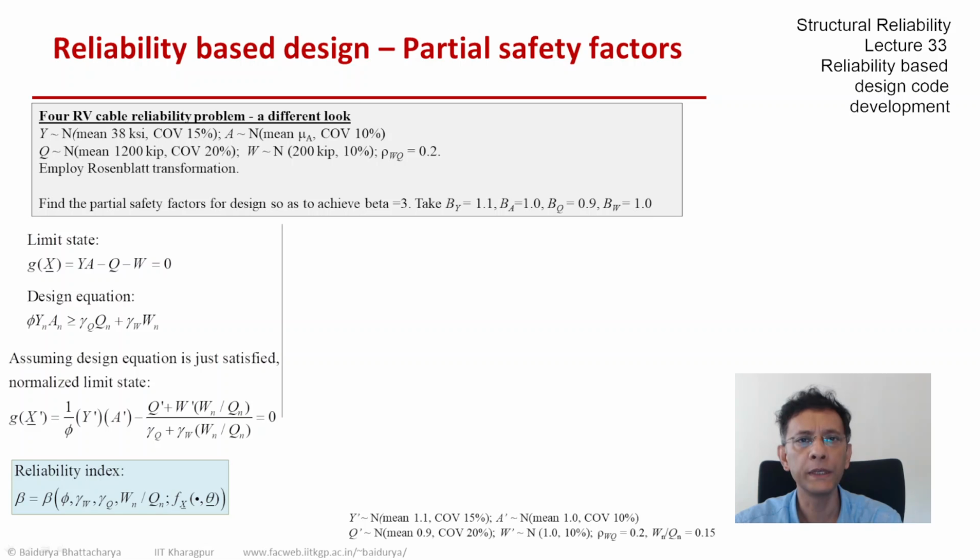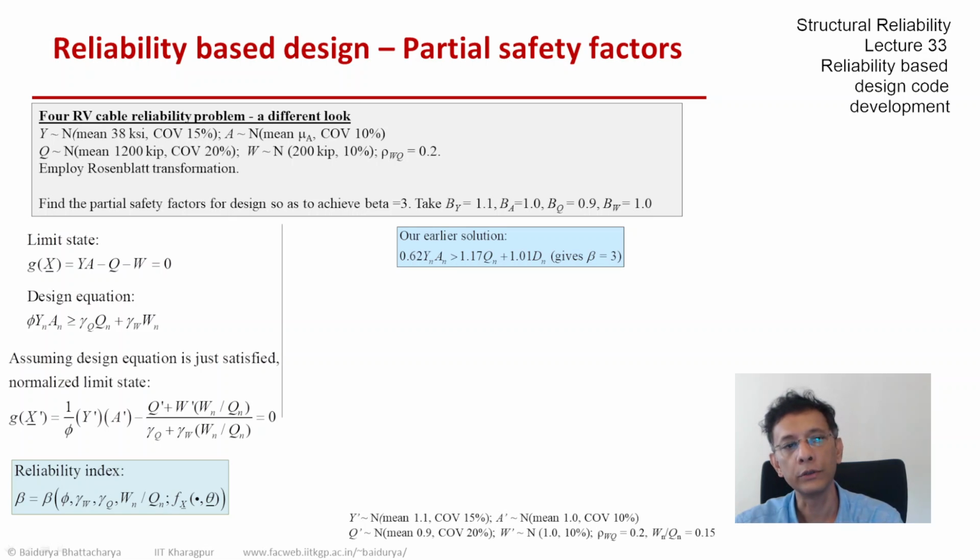So if we find PF and take the normal CDF inverse of that, we would get the reliability index beta, which you see on the bottom left of your screen is a function of the partial safety factors and the statistics of the problem and the nominal load ratio. So the question that we would like to answer now is our earlier solution from the previous lecture, where we have the phi and the gamma values, as you see on your screen on the right in the blue box.